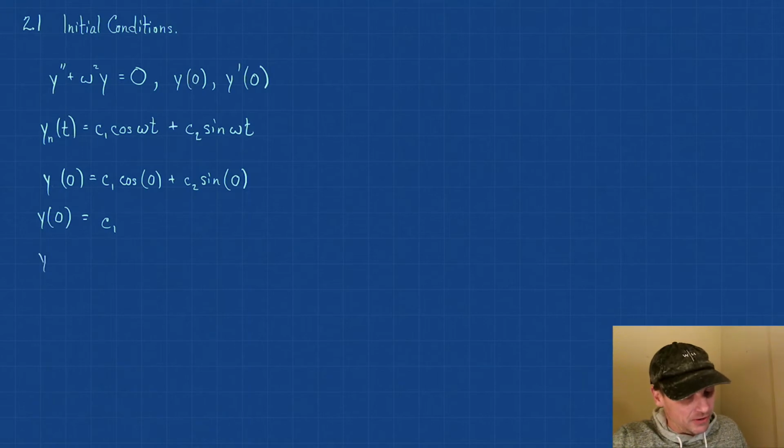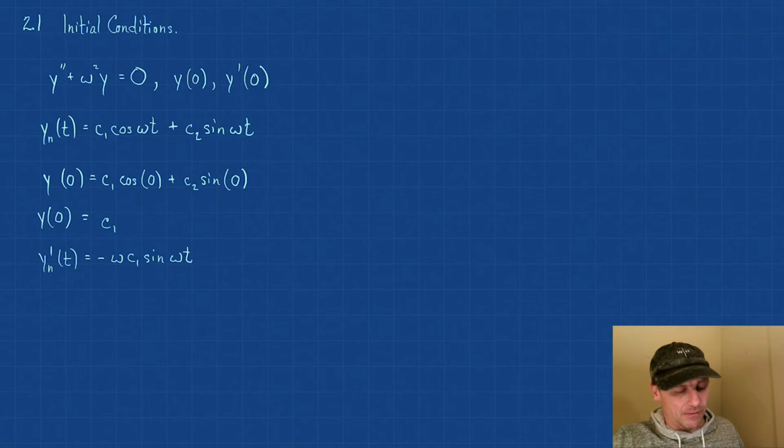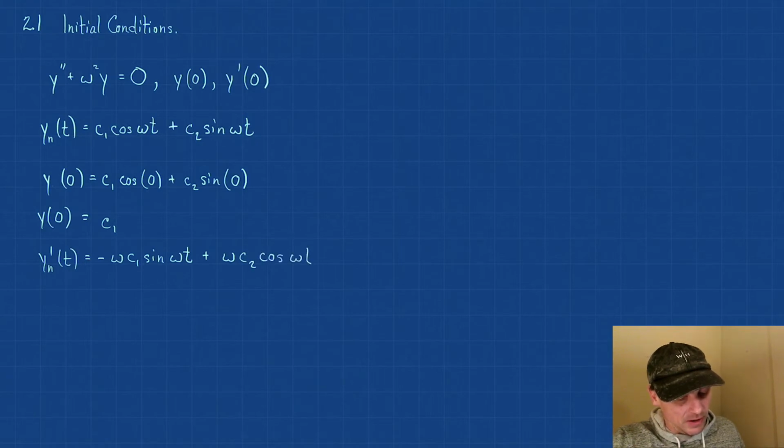So let's see what happens for y prime of 0. Well, first off, let's take the derivative of y null. That's going to be minus omega c1 sine of omega t, because I'm taking the derivative of the cosine, plus, then I take the derivative of the sine for the second term, which gives me omega c2 times the cosine of omega t.